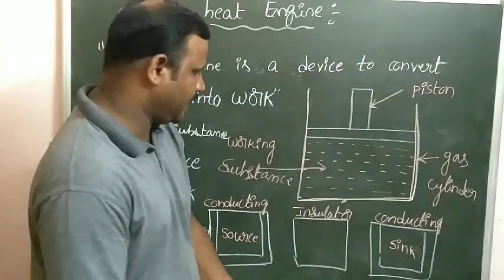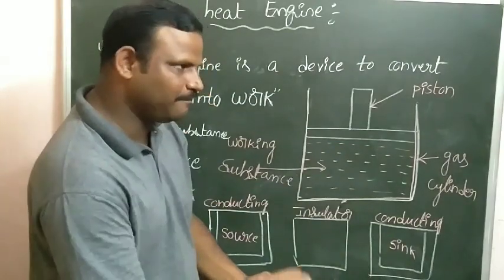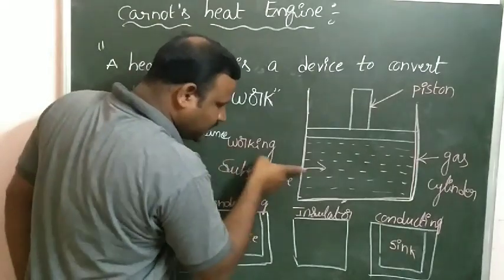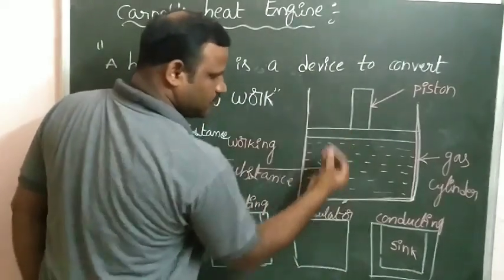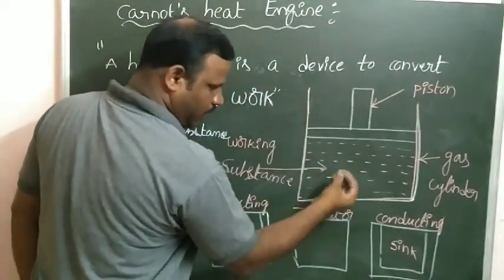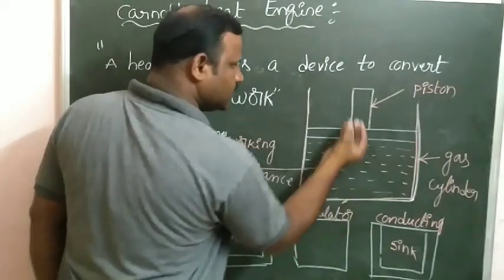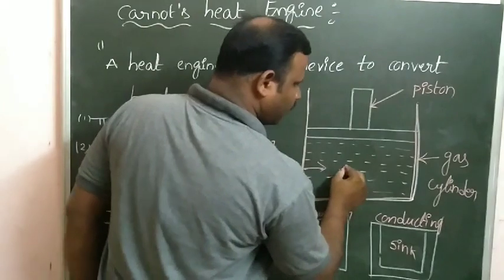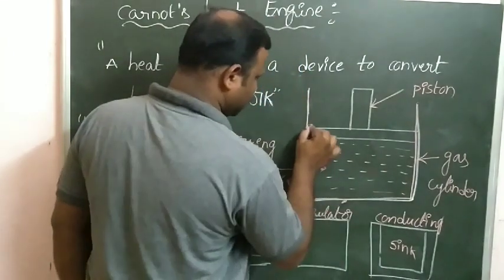Inside of the gas, the gas is closed inside. This is the working substance. When the piston moves, the pressure, volume and temperature change. This is the piston. Inside is 1 gram mole of gas.